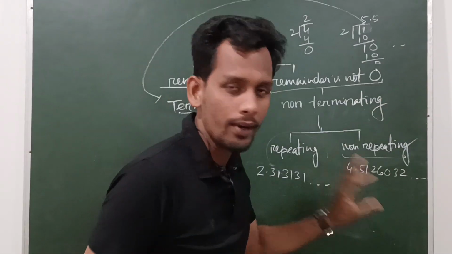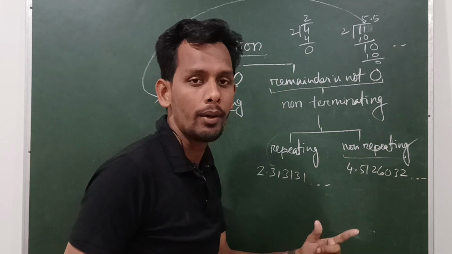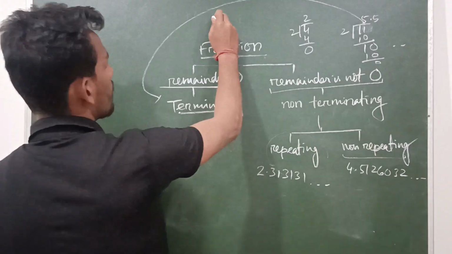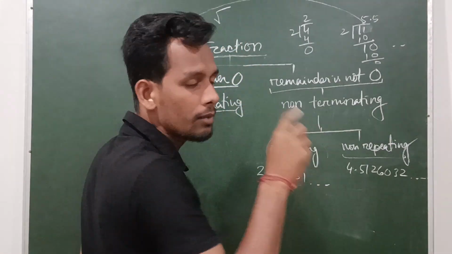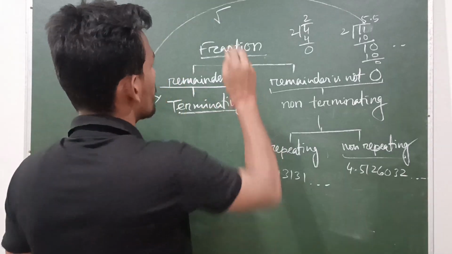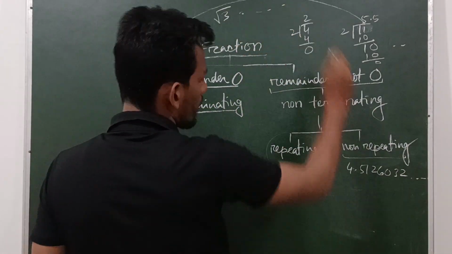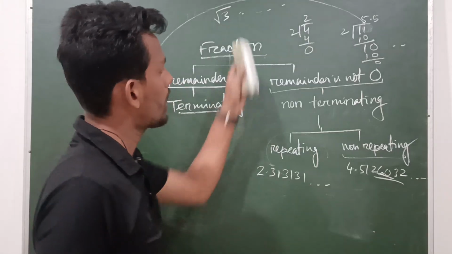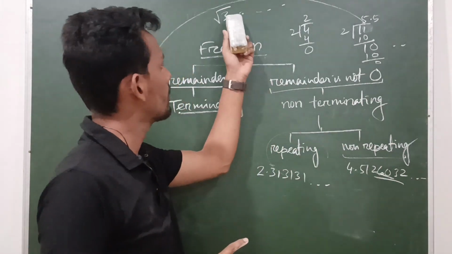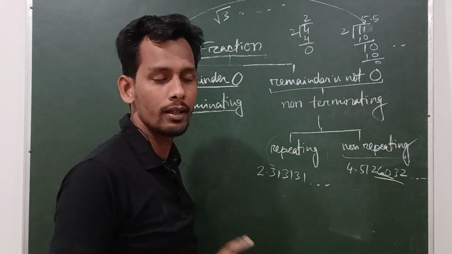Basically when you divide any fraction, you will not get this type of number. But when you find the value of the square root of numbers other than the perfect squares, say square root of 3, you will get this type of number. Non-terminating, non-repeating. Clear? That's why I told you that this type of numbers are called irrational numbers.